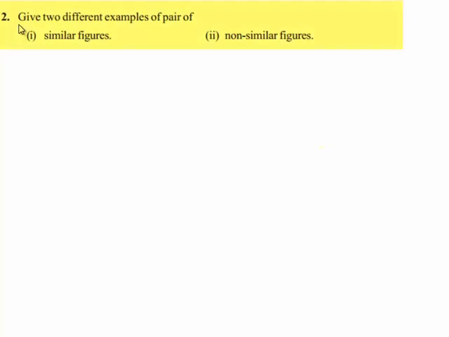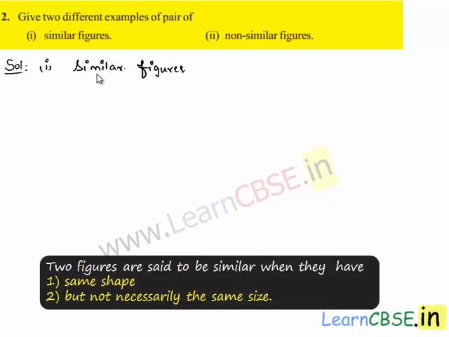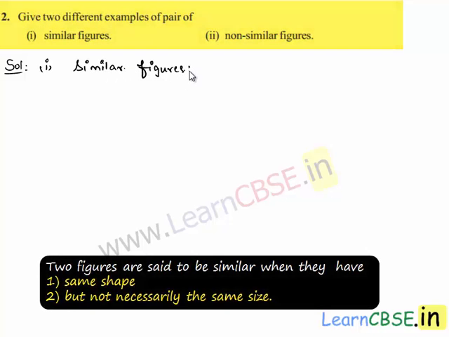Moving on to the second question. Give two different examples of a pair of similar figures. We know that two figures are said to be similar when the shape of the two figures is the same but the size may not be equal.